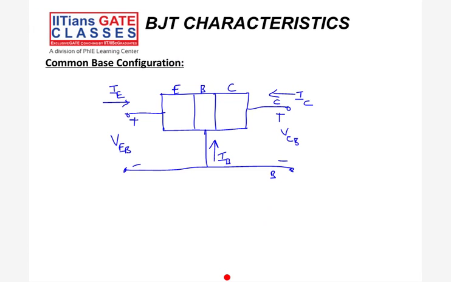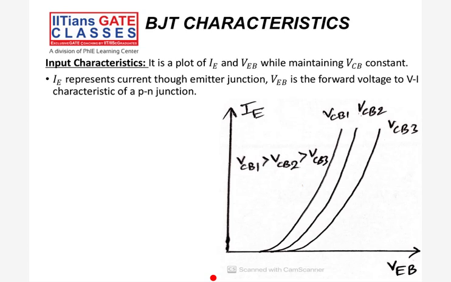So based on this diagram, we'll have two types of characteristics. One is input and the other is output. In input characteristic, it is a plot of IE and VEB, while maintaining VCB constant.